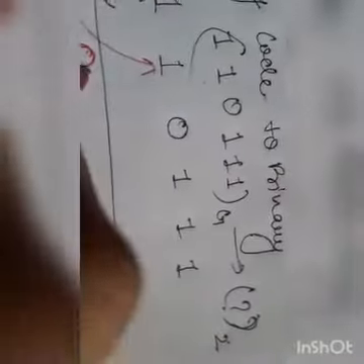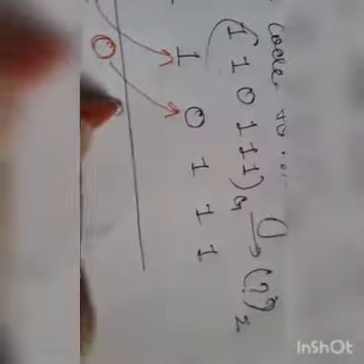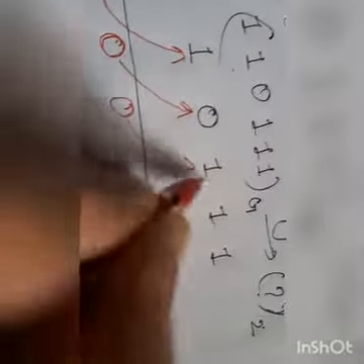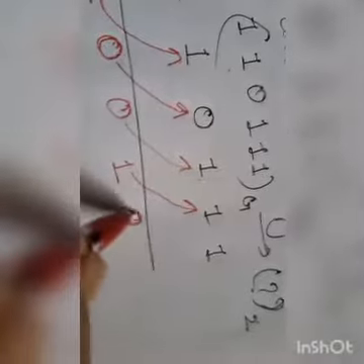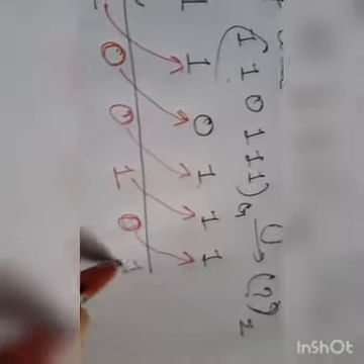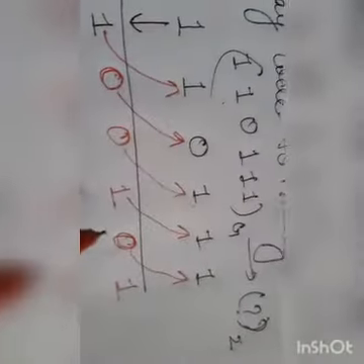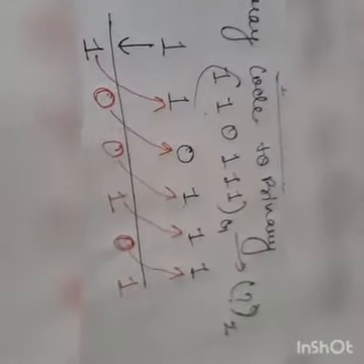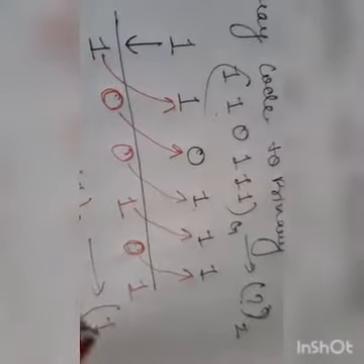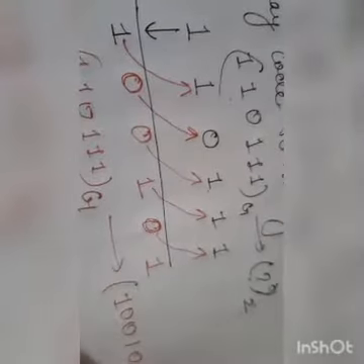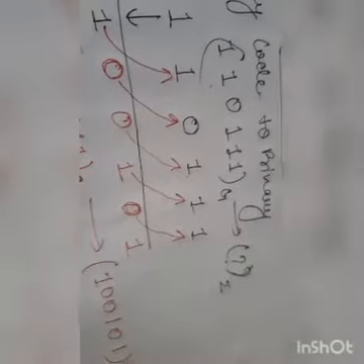Then 0 plus 0 gives 0, then 0 plus 1 gives 1, then 1 plus 1 is 10, we take 0, then 0 plus 1 is 1. So this is our binary code. So we can write gray code into binary in this form.